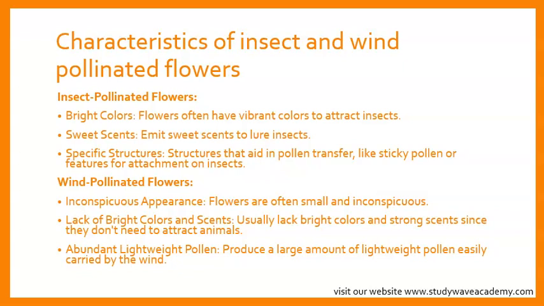Flowers are often small and inconspicuous. They usually lack bright colors and strong scents since they don't need to attract animals. Abundant lightweight pollen: they produce a large amount of lightweight pollen easily carried by the wind.